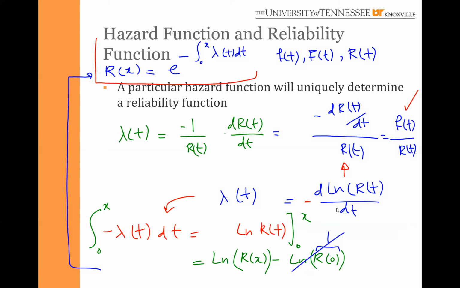This is the ultimate function we wanted. So now if I give you lambda(t), you can give me R(t). So we can go from any of these four, R(t), capital F(t), lowercase f(t), lambda(t), to any of the other remaining three. Good.